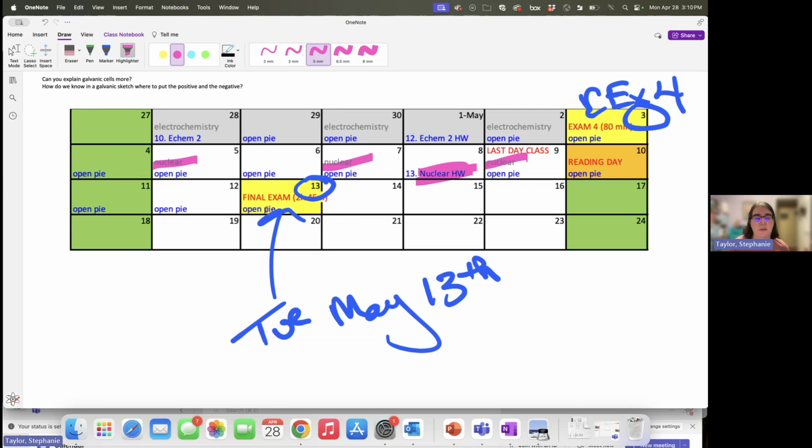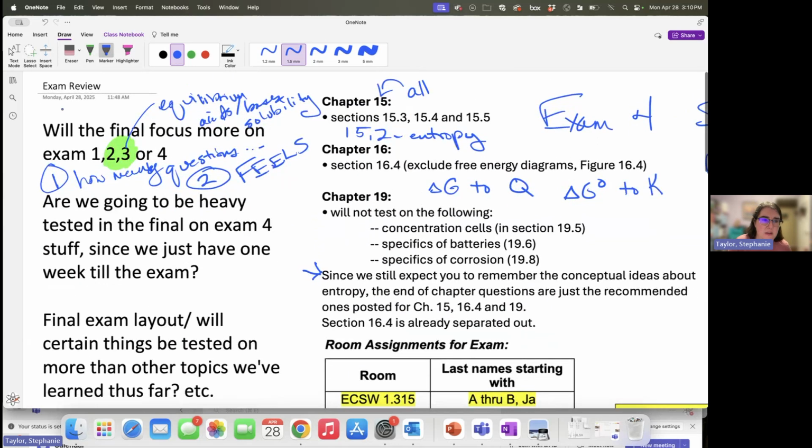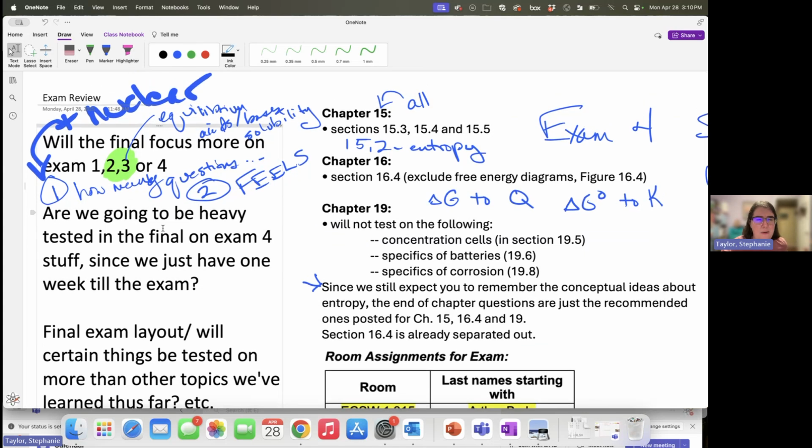So the final exam is the same material as exams 1 through 4 plus nuclear, plus whatever nuclear content we get through. Plus nuclear, I'll write that one on there, because there is at least 1 or 2 nuclear questions, even though I think there's like 36 questions. It's a 90-minute final. So I'm just going to put this 90-minute final.